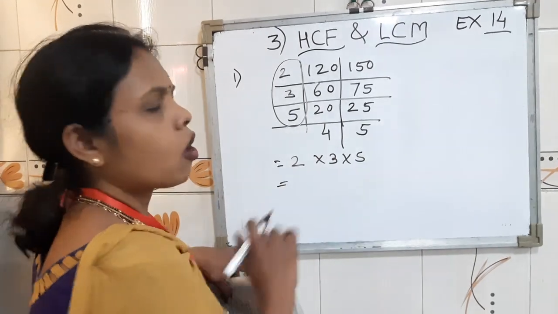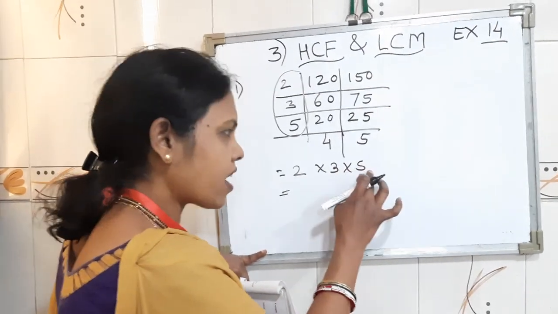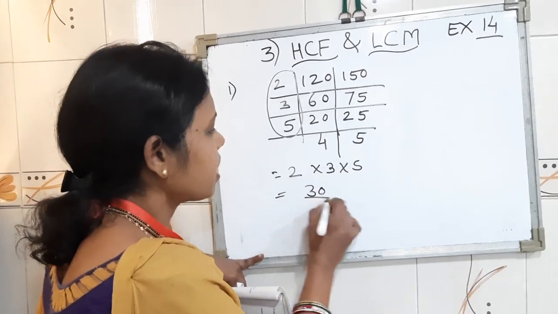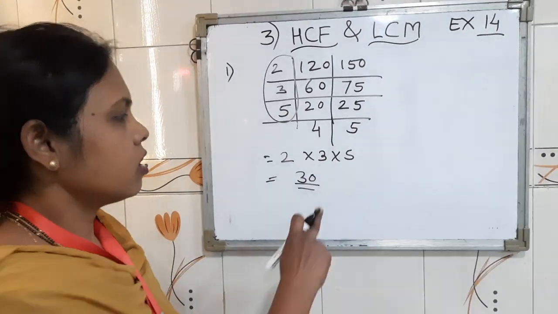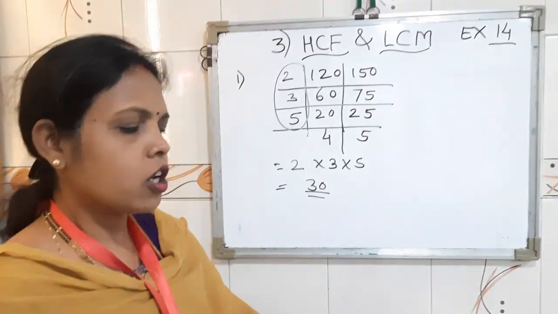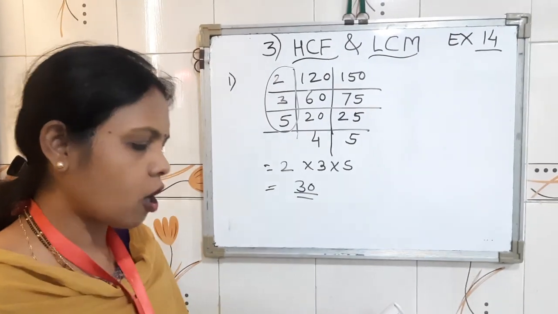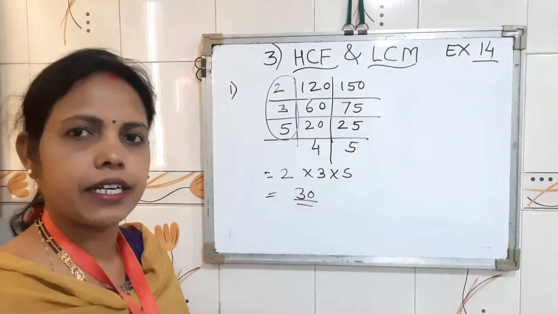Then multiply all these numbers: 2 threes are 6, 6 fives are 30. In common we got 30 as the HCF. Therefore, out of the 4 options given, the first option is correct.